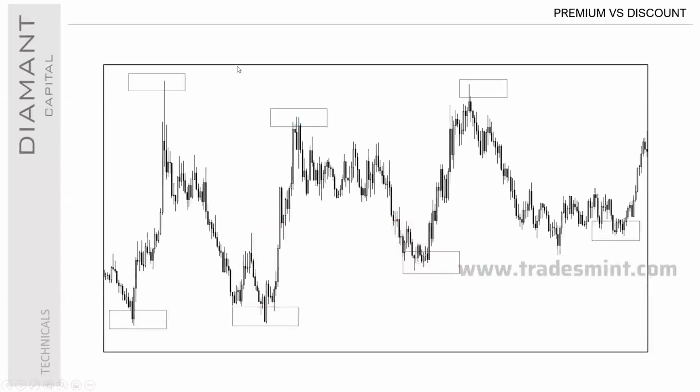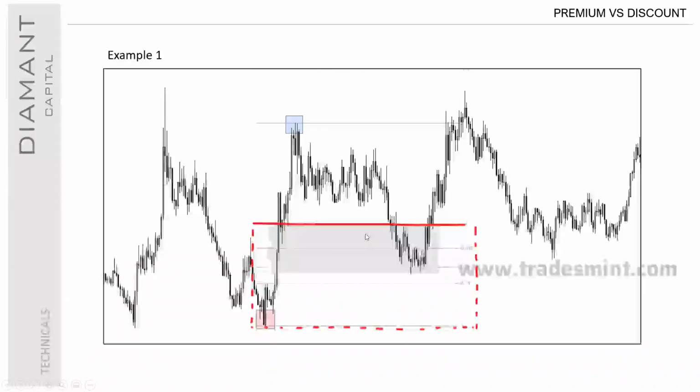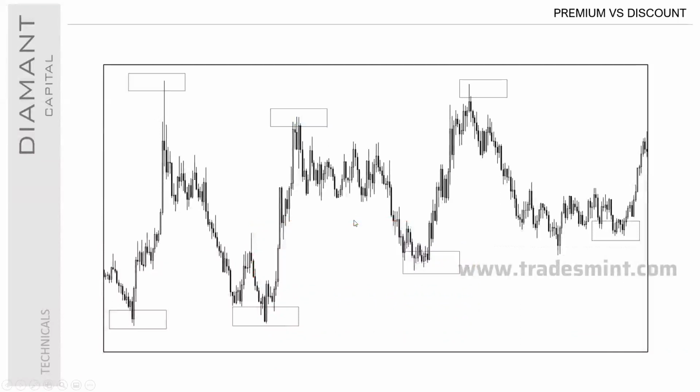As you can see in the last one, we just marked out all the highs and the lows. Now what we can see is we started to get this high, this low, lower high, higher low, and then a higher high. Broke that up. So we could say we're in an uptrend at the moment. When we're in an uptrend, we're looking for discount areas to buy, because if you're looking for buys, you're going to be looking for the best possible areas.